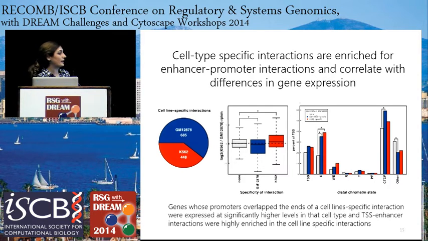Then we look at the specificity of an interaction and its effect on cell-specific gene regulation. Wherever we have genes whose promoter overlaps with the end of a cell line specific interaction, we have a significantly higher level of expression in that cell line.